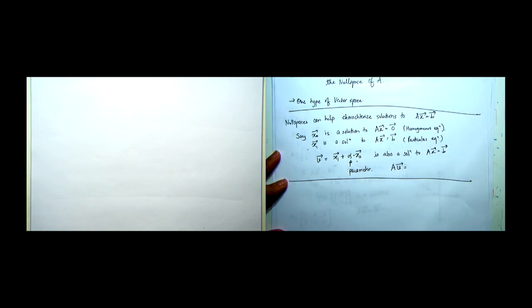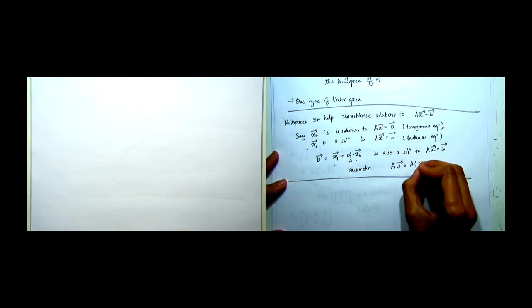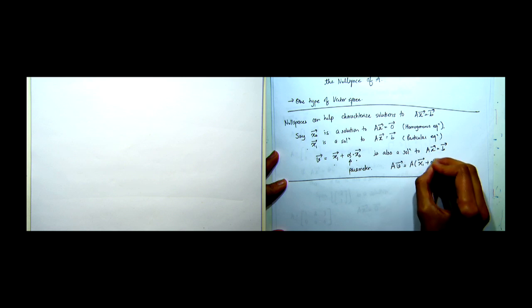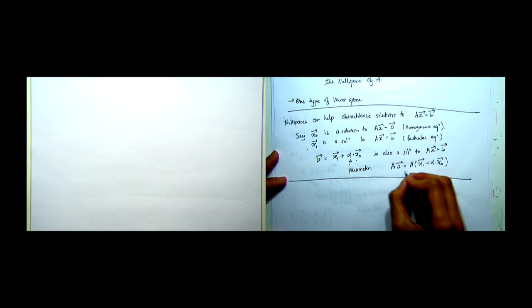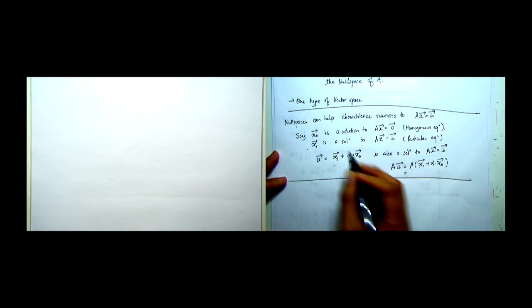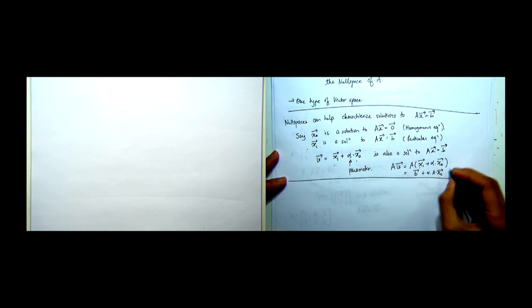When I consider this vector, I say now A times v is equal to A times x1 plus alpha times x naught. I know A times x1 is equal to b, because I know x1 is a solution here. A times alpha times x naught is equal to alpha times A times x naught. But what is A times x naught? 0.